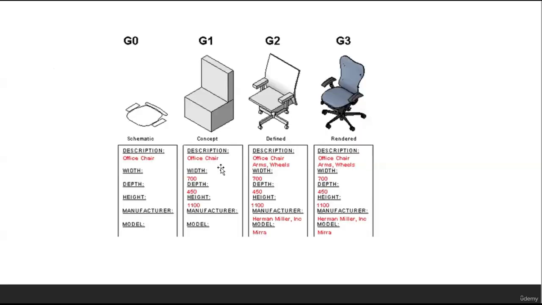To understand this in a much clearer way, we can visualize this image. If we go for a low LOD, there is no need of actual geometry to be present, like LOD 100. Only a symbol and its name is enough. As we go for higher LOD, we require a basic geometry like its width, depth, height, and a short description.